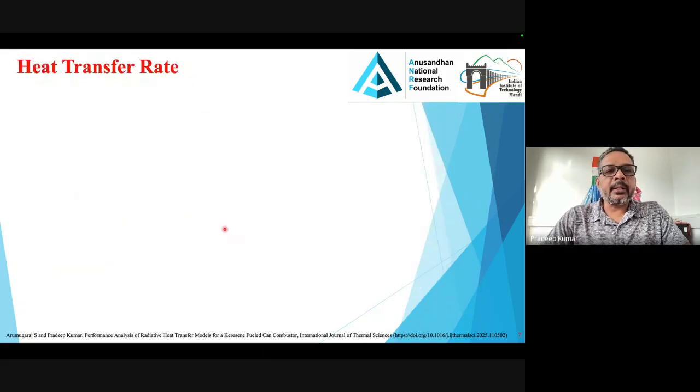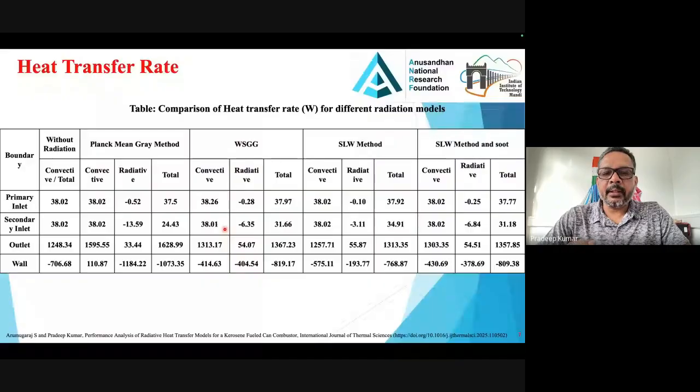And if we analyze the heat transfer rate, very interesting pictures come out. If you look at the wall, without radiation the flux is around 706 watt, and with the Planck mean method it is 1073.35 watt, which is around 50% higher.